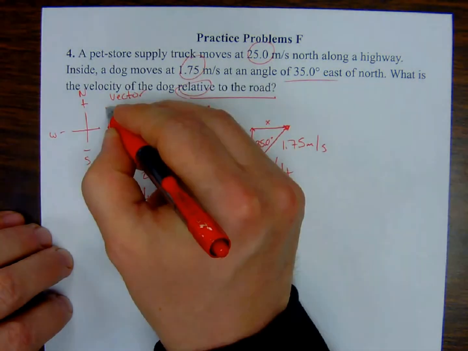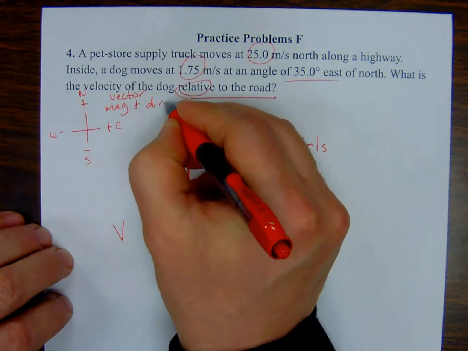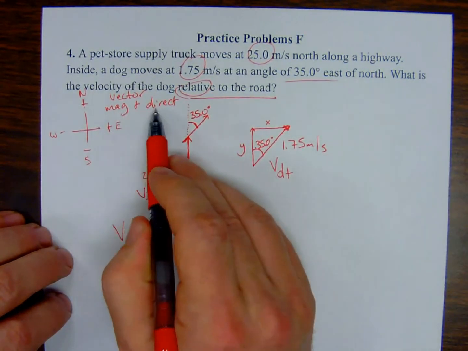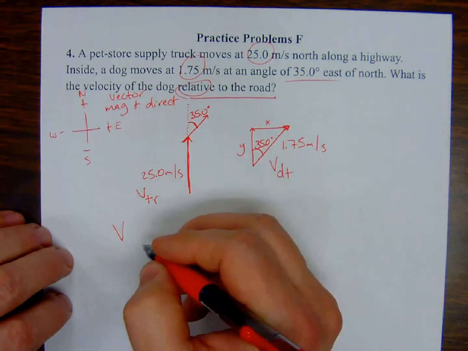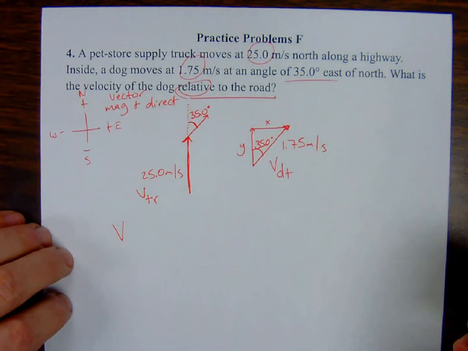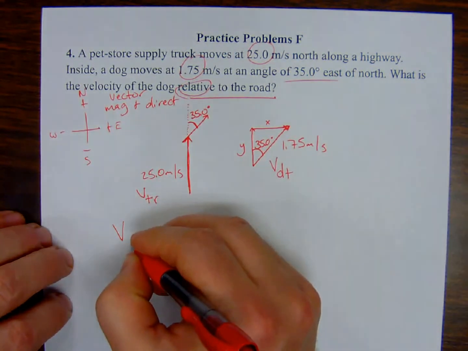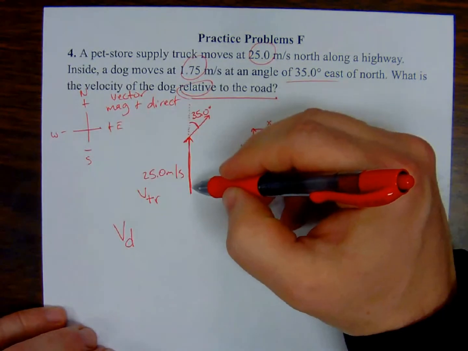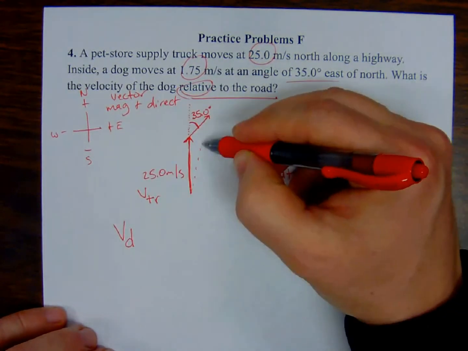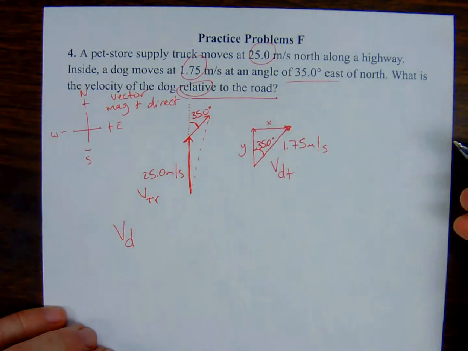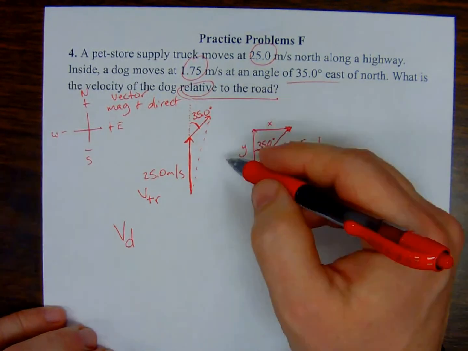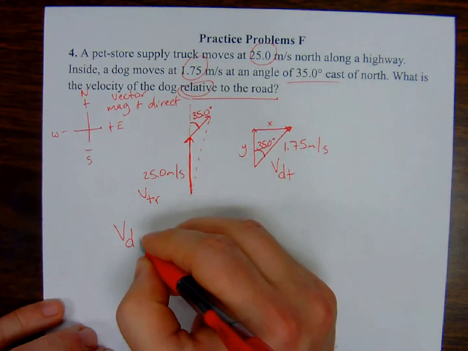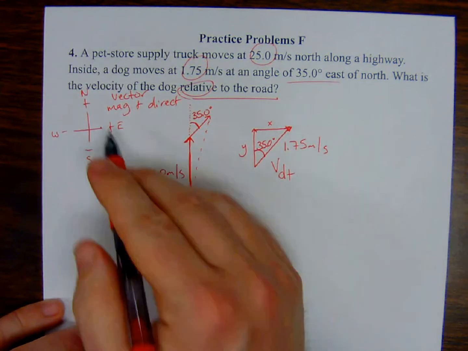Resultant velocity. We have the velocity of the dog relative to the road. So v_dr is equal to the velocity of the dog relative to the truck plus the velocity of the truck with respect to the road.